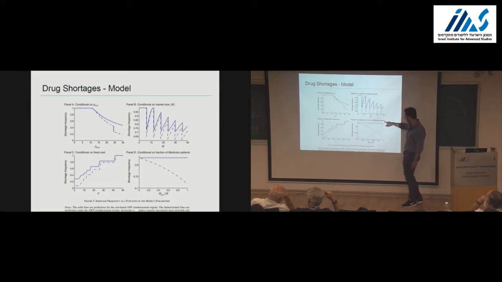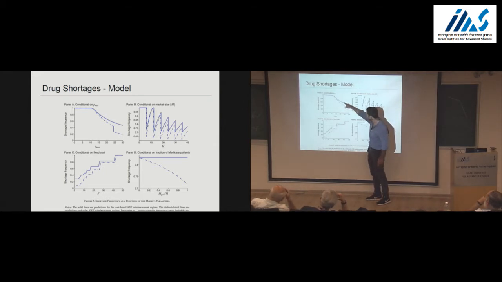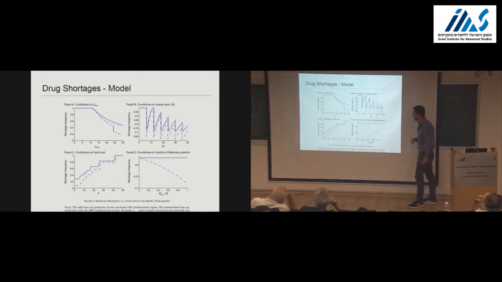Here, the solid line is under cost-based reimbursement, and the dashed line is under the AWP, what's paid reimbursement. Shortages are lower in the dashed line, because that's the more attractive one to be in. So here, this is the main thing we use for the empirical analysis. This is based on what fraction of the patients are Medicare patients.